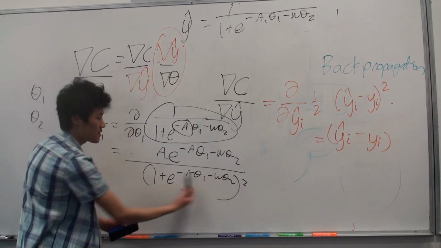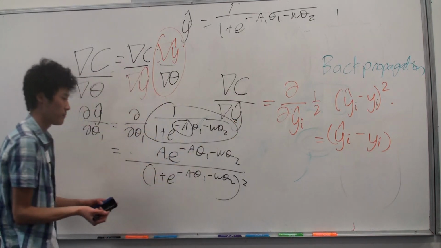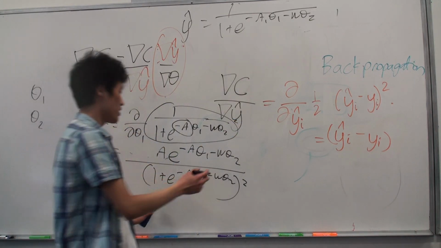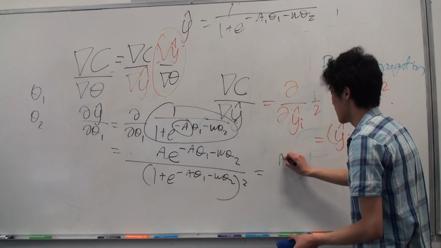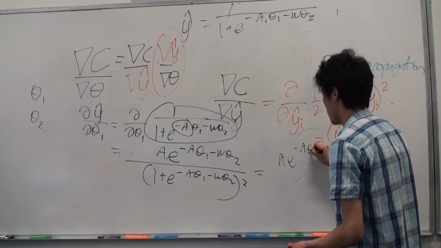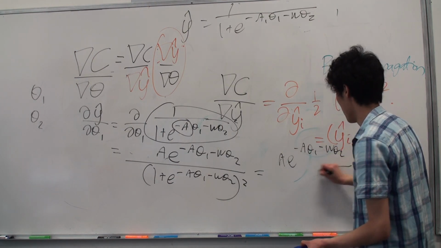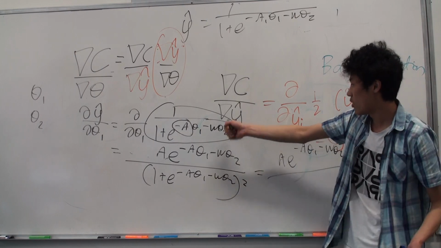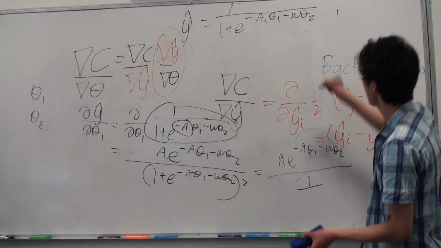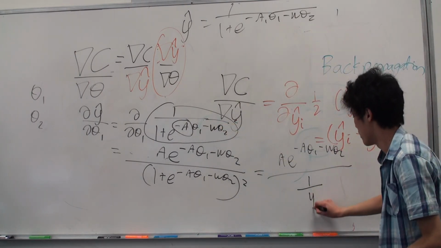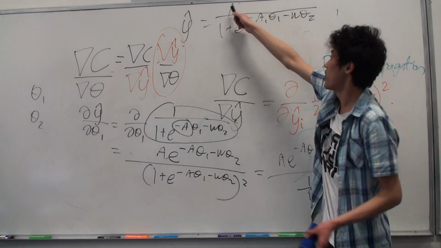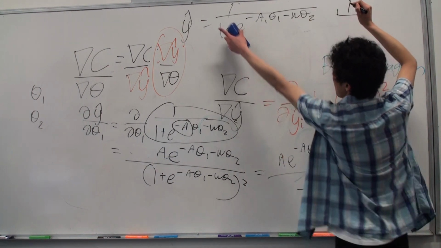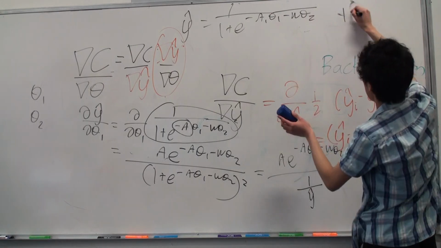The only difference is this is exactly this squared. So what we can do is we can write this as a e minus a1 minus all of this, all over 1 over this. Because if you do 1 over all of this, it just becomes 1 plus e.